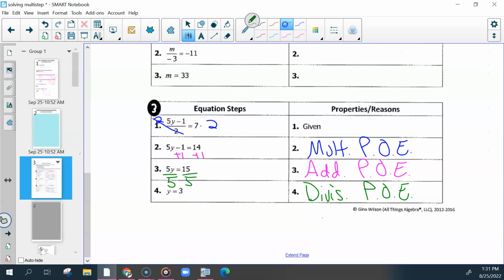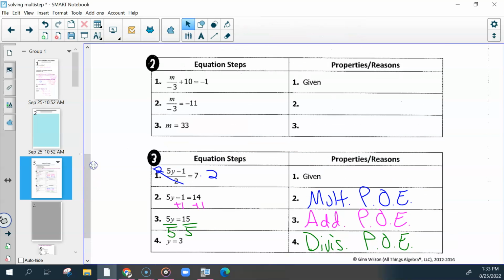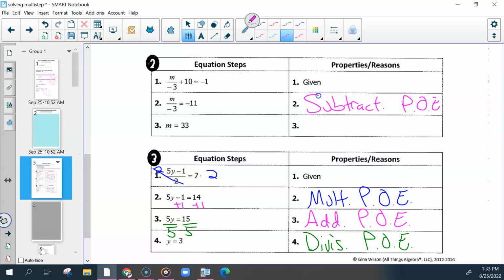Take a minute or so and do number 2, and then we'll come back and I'll write the answers up here, and you can see if yours match or if they were different. So this first one was subtraction, property of equality, and then multiplication, property of equality.